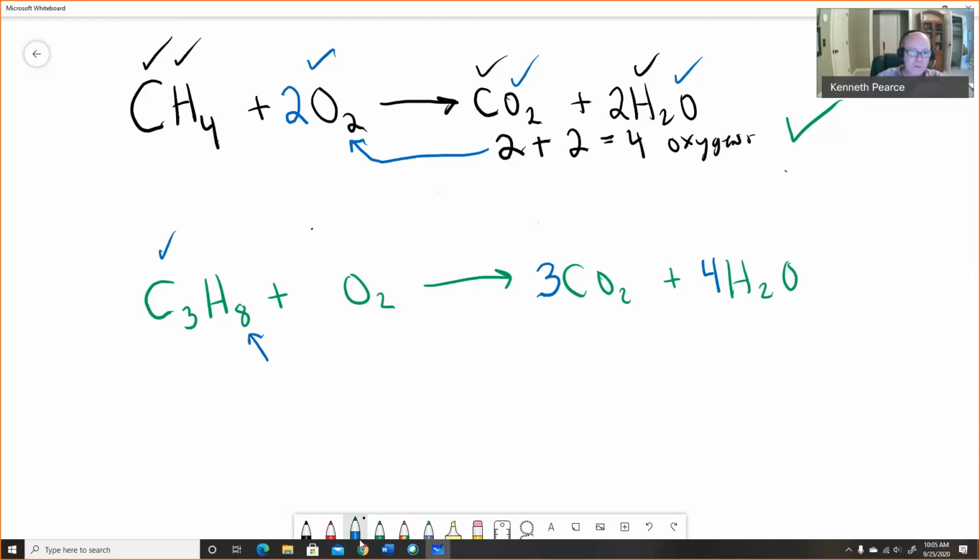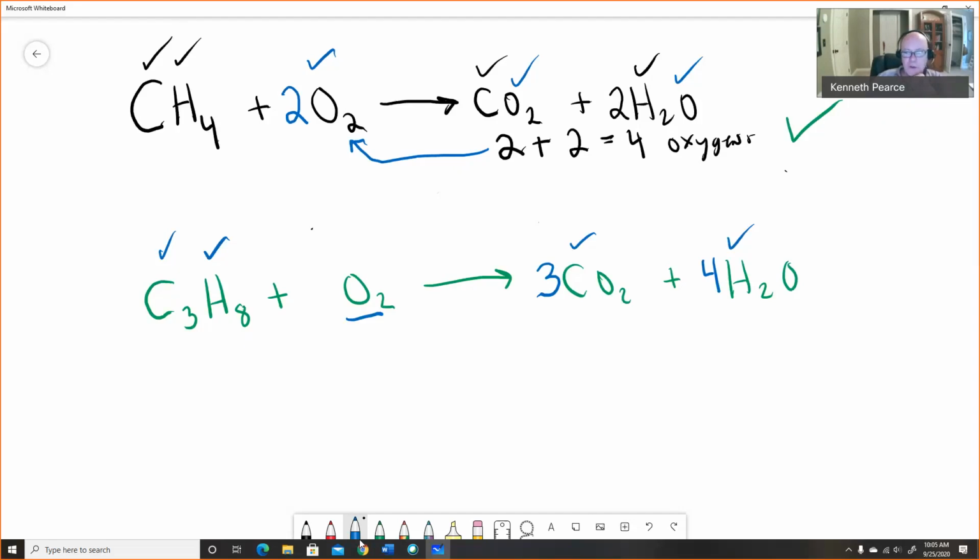And so now the hydrogens are balanced and the carbons are balanced, and the only thing left to balance now is the oxygen. Keeping in mind, we always do diatomics. O2 is a diatomic. We always do diatomics, and elements by themselves, we do those last.